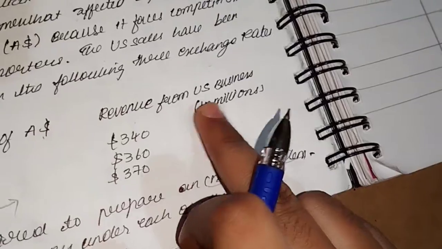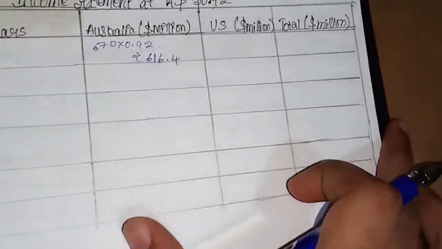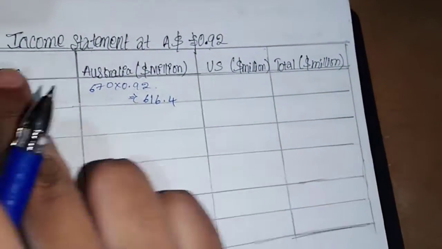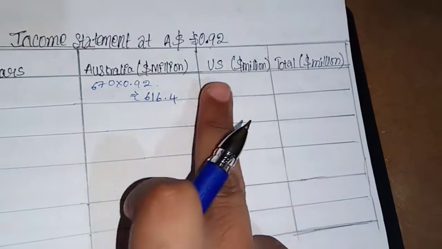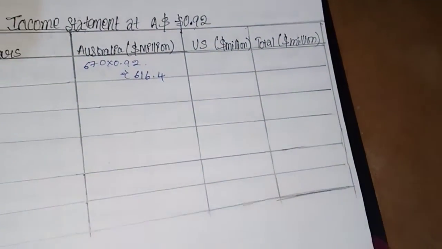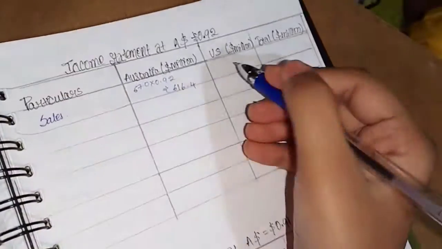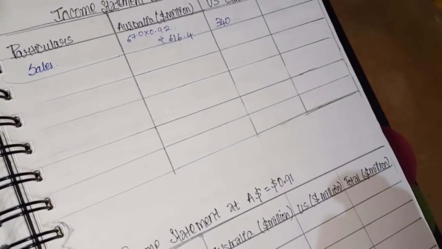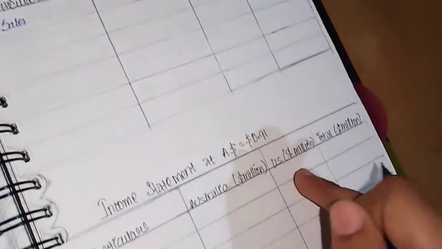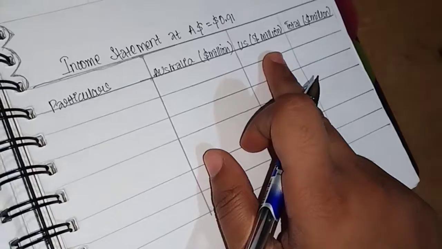Revenue from the US business is given as 340. The columns are particulars, Australian dollar, US dollar in millions, and total in millions. So we take the 340 here; for the other scenarios we will take 360 and 370.